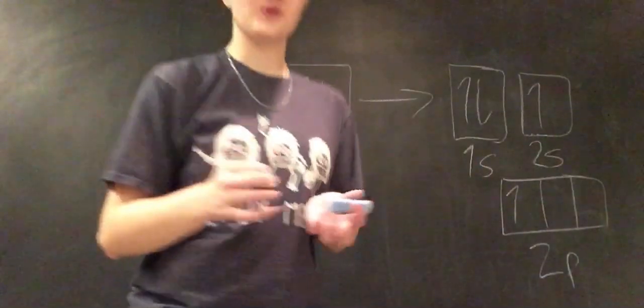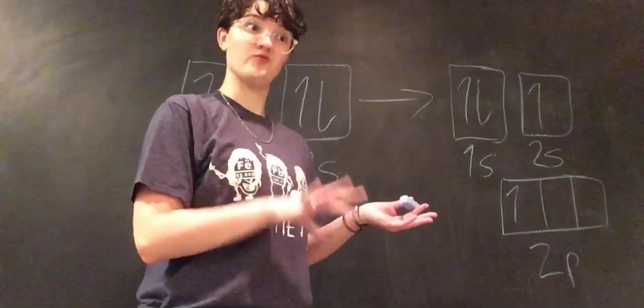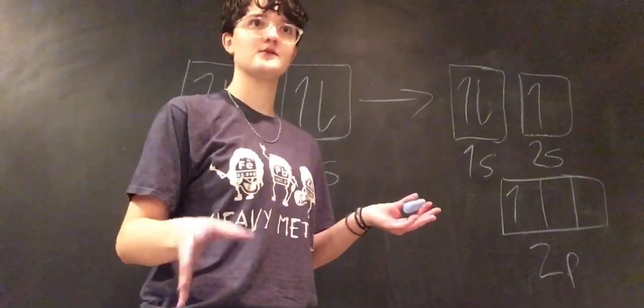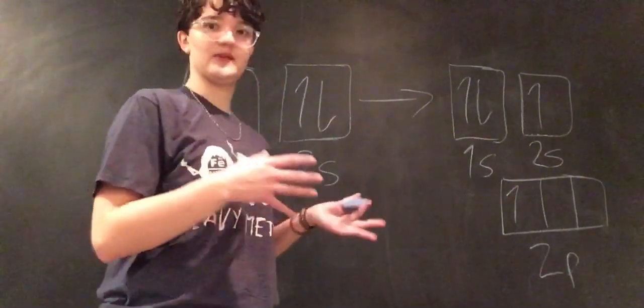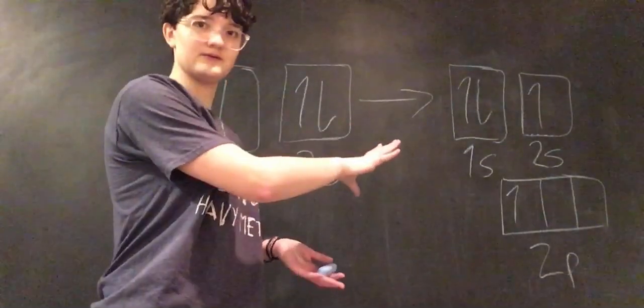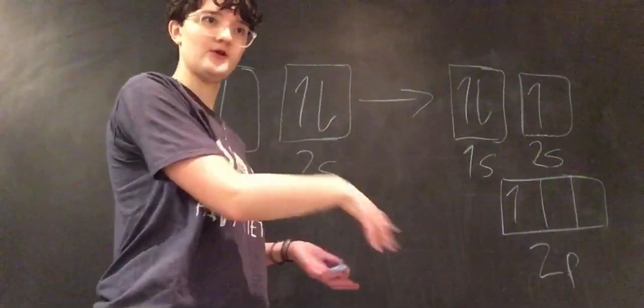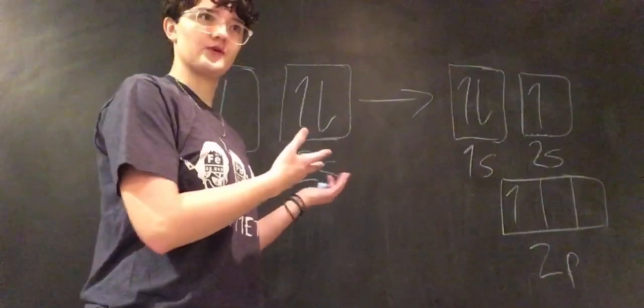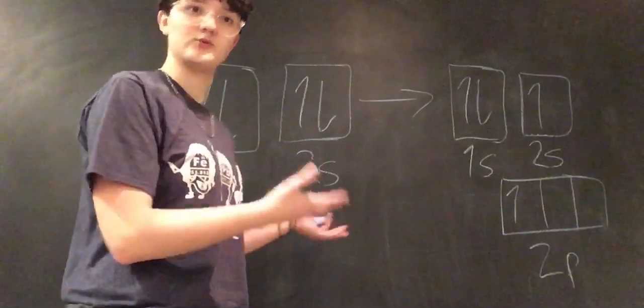However, this would only allow beryllium to form with one fluorine. So in order to solve this problem and allow it to bond with two, the s orbital and the p orbital mix together to form a new orbital, a hybrid orbital.